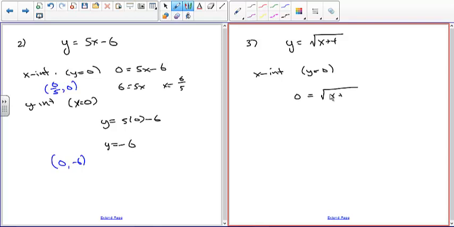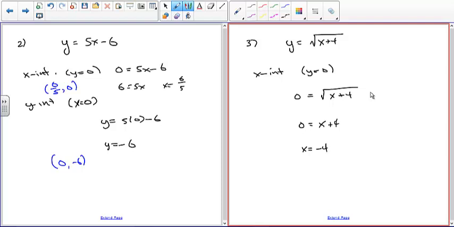The question is, what value of x on the right-hand side gives you 0 on the left-hand side? You might just say, all I have to do is take the square root of 0 and I'll get 0. So you could just say x plus 4 equals 0, x equals -4.